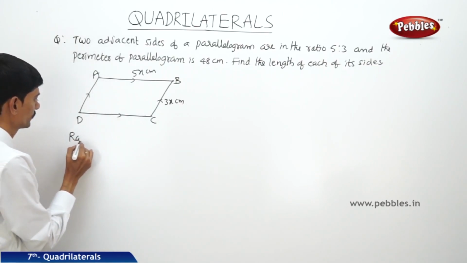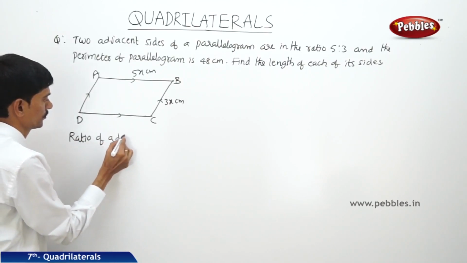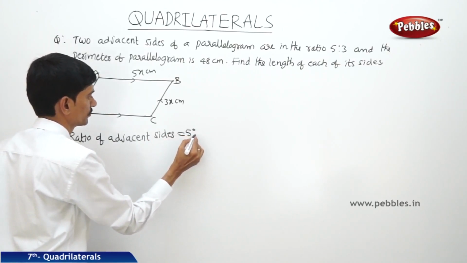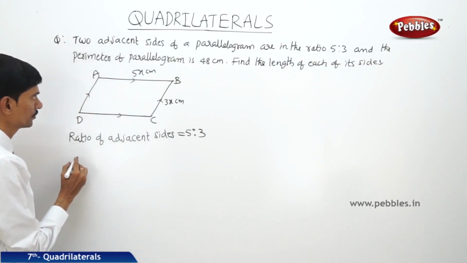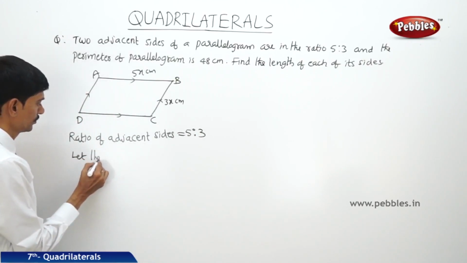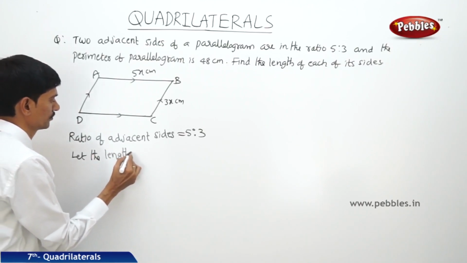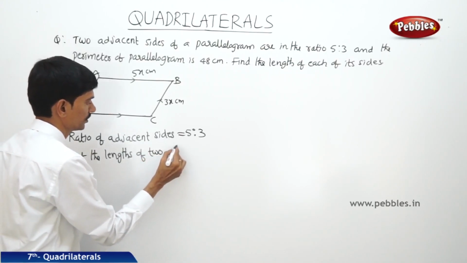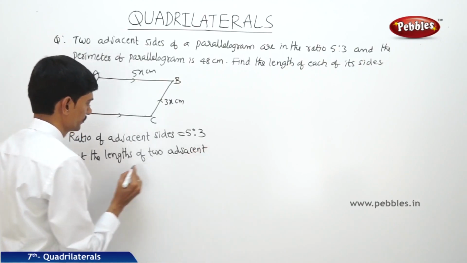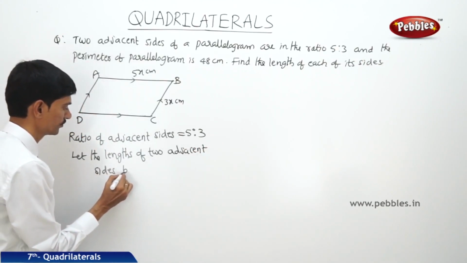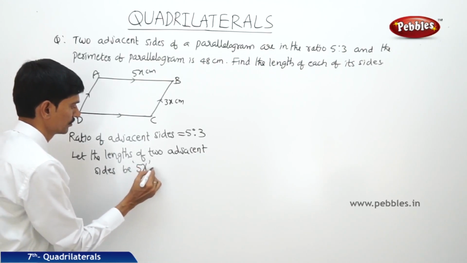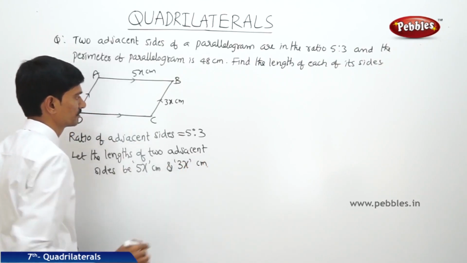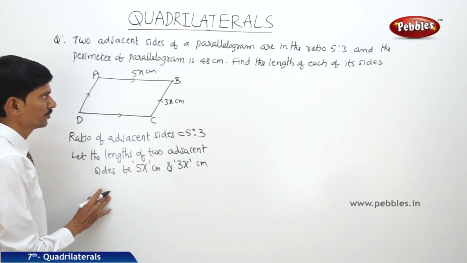So the ratio of adjacent sides is 5:3. So let the lengths of two adjacent sides be 5x centimeters and 3x centimeters.